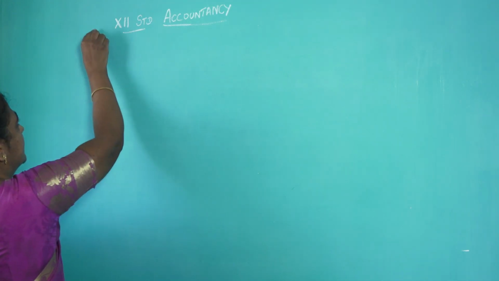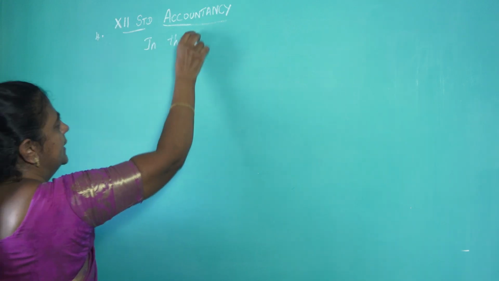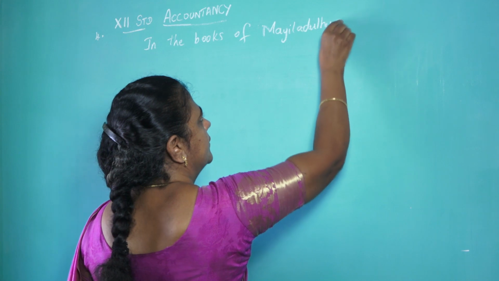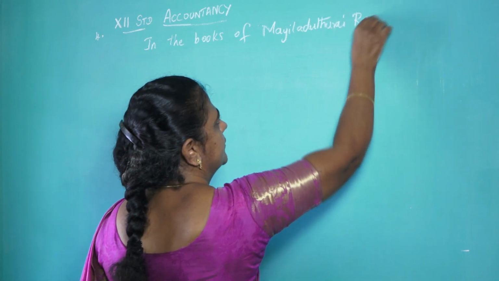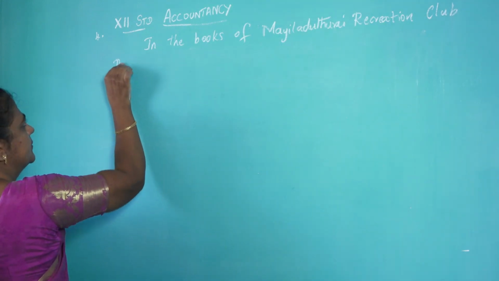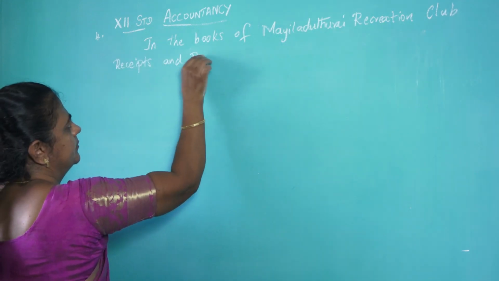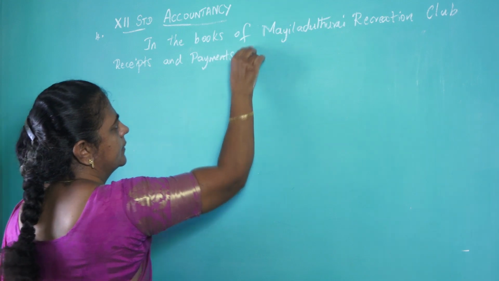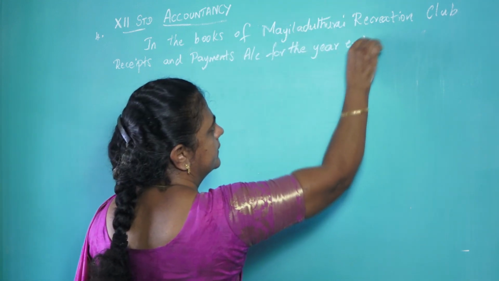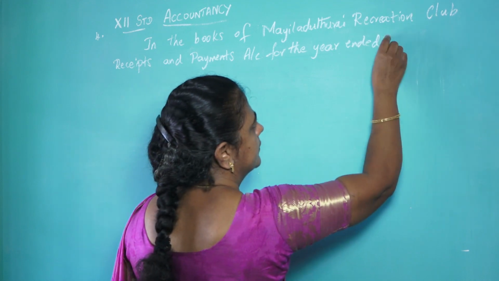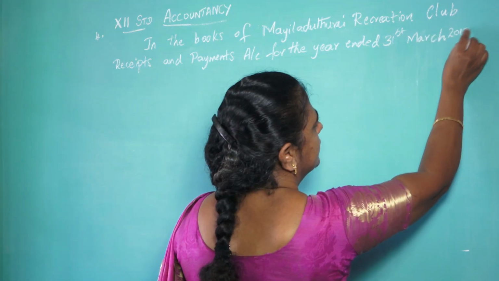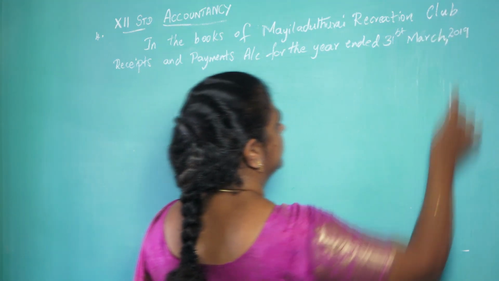First, question number 4. In the books of Mayiladurai Recreation Club, receipts and payments account for the year ended 31st March 2019.